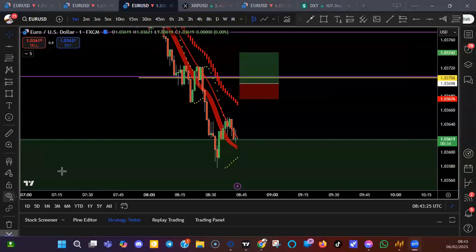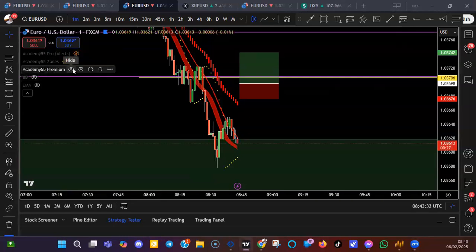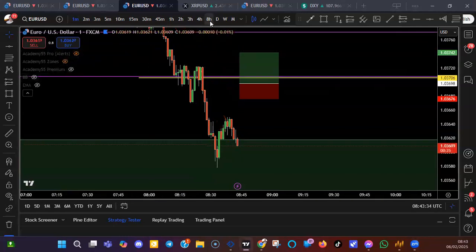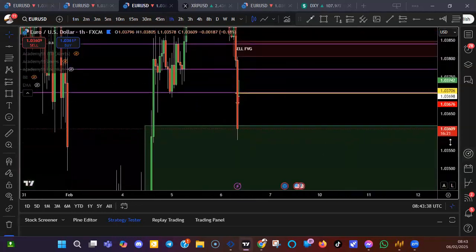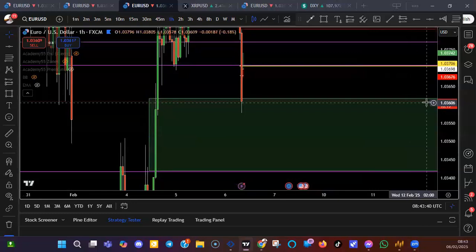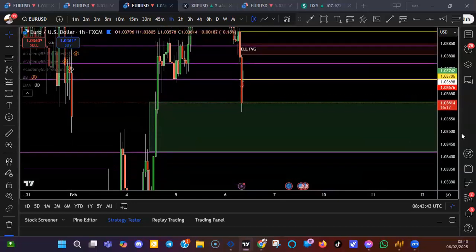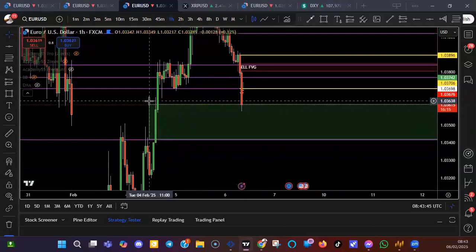I'm just going to do a little bit more while we're in the middle of nowhere, just on the EUR USD, going on the hourly time frame, to see if I can get a little bit of insight into where.